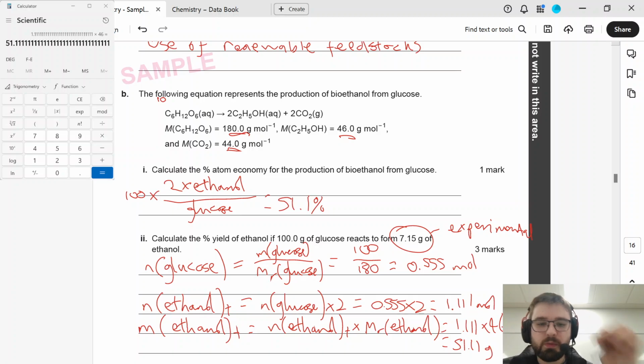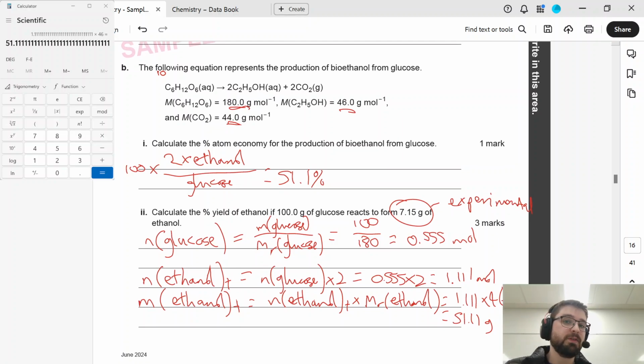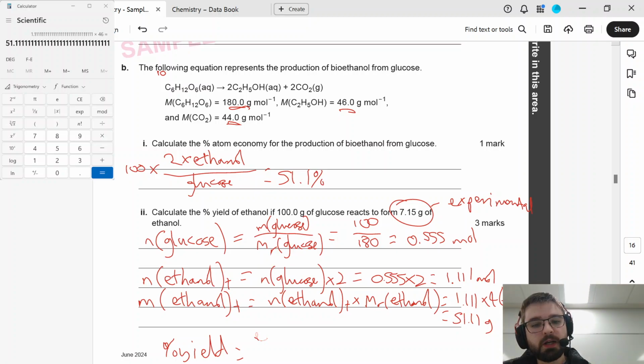grams. Again, probably don't need to use that much space. Okay, so basically we expected 51.11 grams. We got 7.15. So the percent yield is going to be, I'll write actual just to fit with their equation. Do they say theoretical?